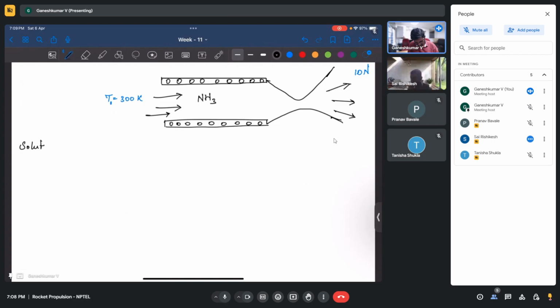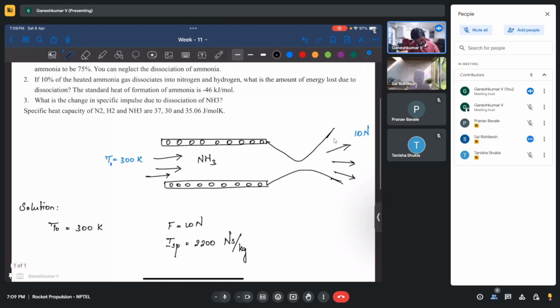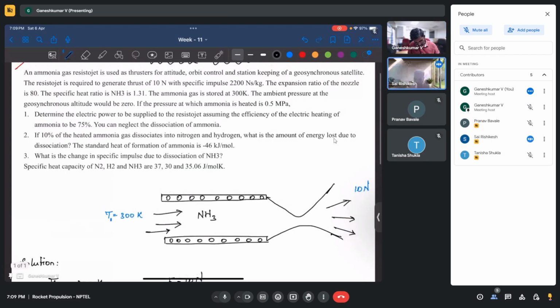So let's say if I want to write the given: the temperature is 300 Kelvin initial temperature, the thrust is going to be 10 newtons, ISP is also given, 2200 newton second per kg. Okay, and what else is given?